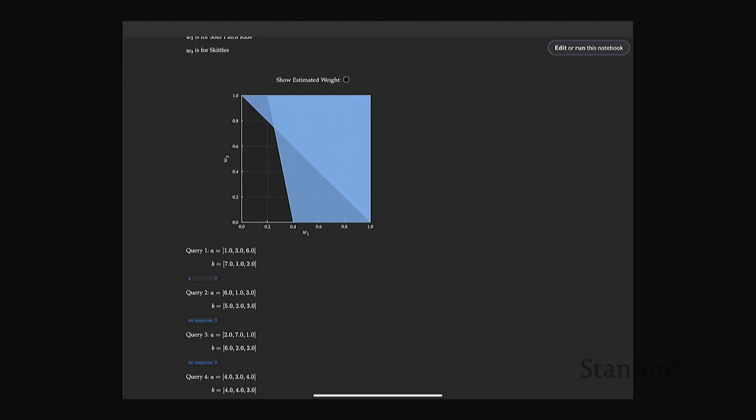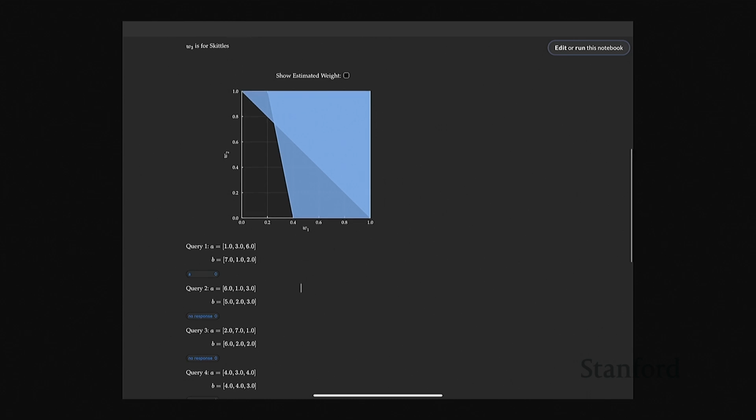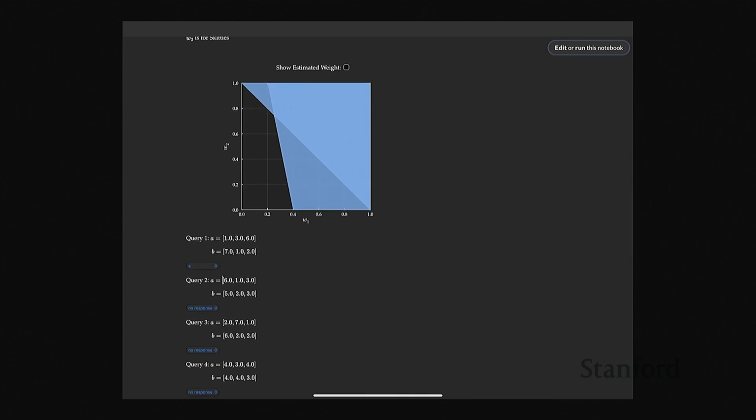Okay, all right, let's do the rest of them. Next bag has 6 M&Ms, 1 Sour Patch Kid, and 3 Skittles versus 5 M&Ms, 2 Sour Patch Kids, and 3 Skittles. B, okay. What happened here is we didn't go through the math this time, but we would follow the exact same process to get a new half space. And this time it looked like this.